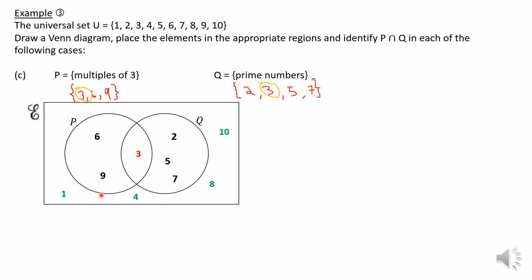They are part of the universal set. So all of these are representing the universal set. So what is not in Q and P comes outside. And you can put them anywhere as long as it's within that area right there. So the intersection of the two sets is just 3.